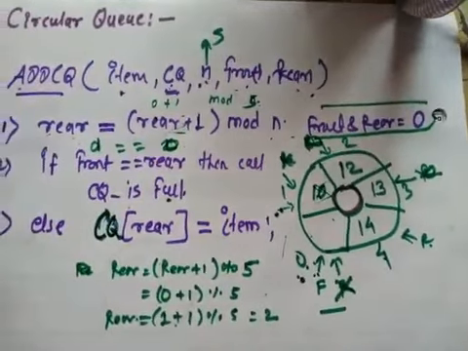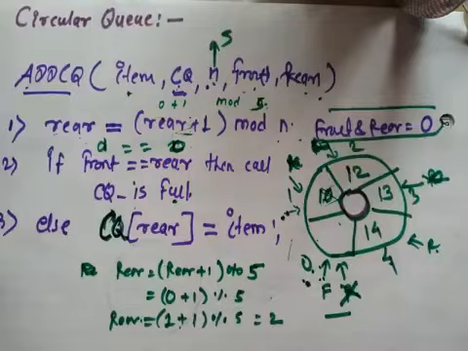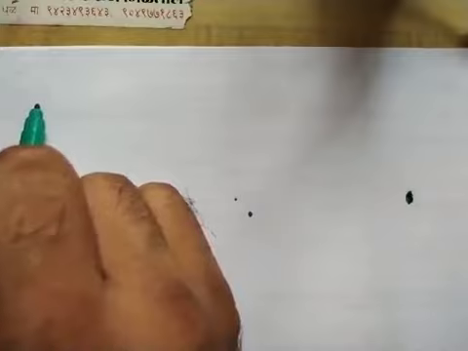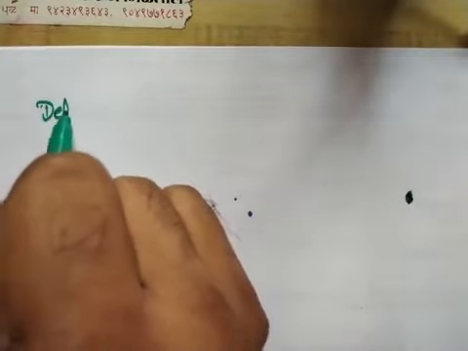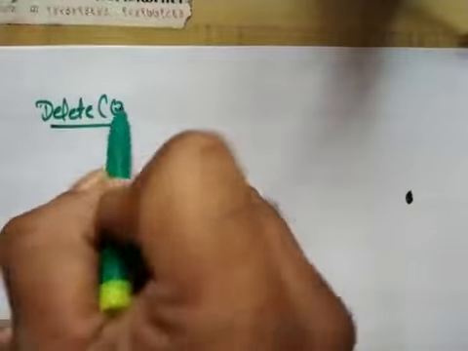Now we are going to see how to remove an element from a circular queue, means delete an element from a circular queue. We are going to see the algorithm to remove an element from a circular queue. I'm going to write delete CQ, where CQ stands for circular queue.